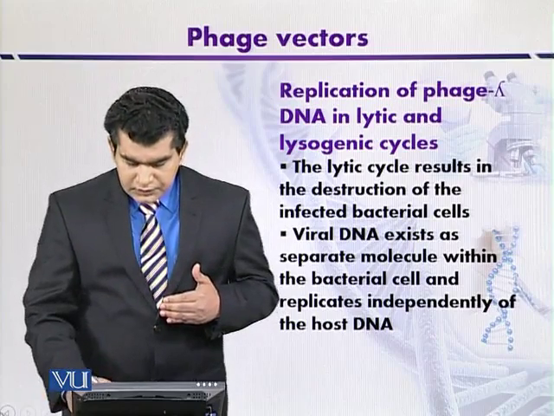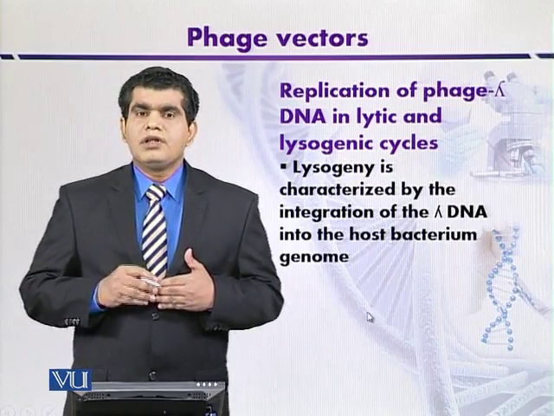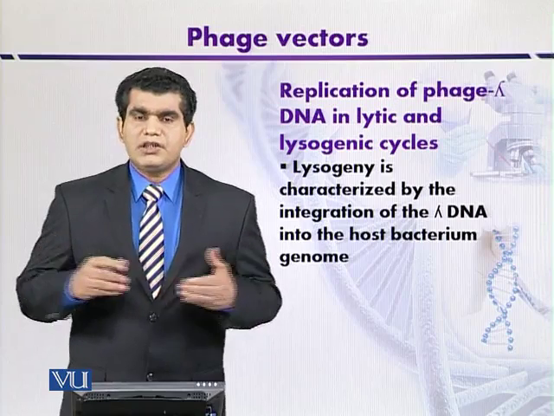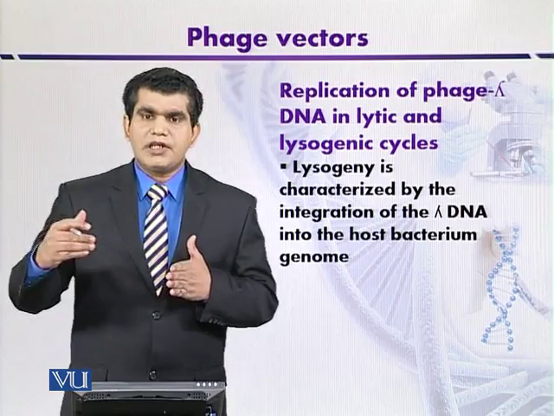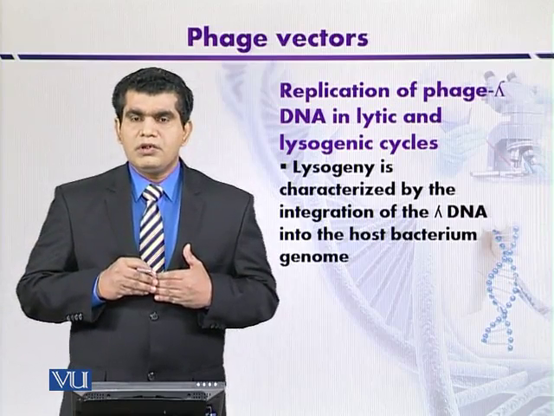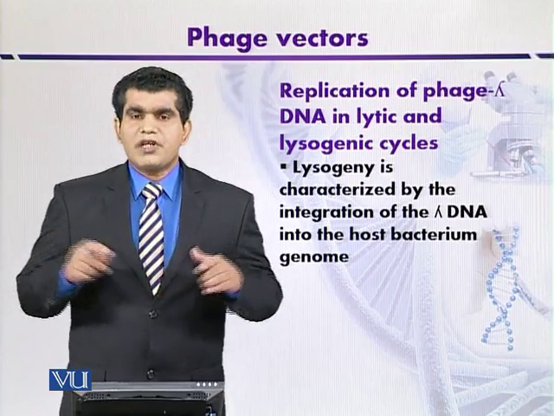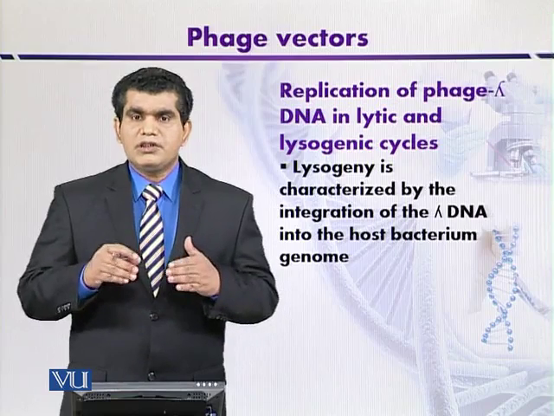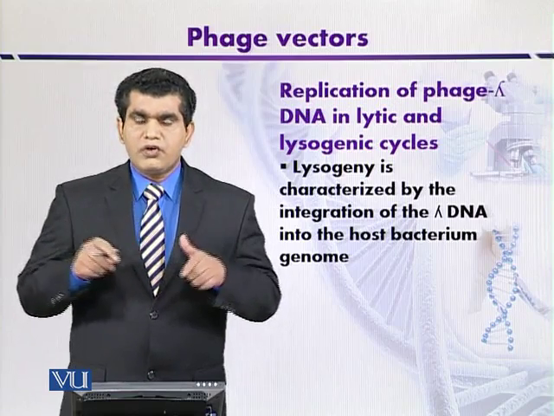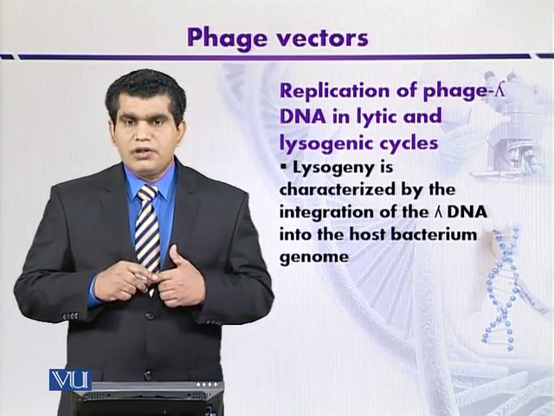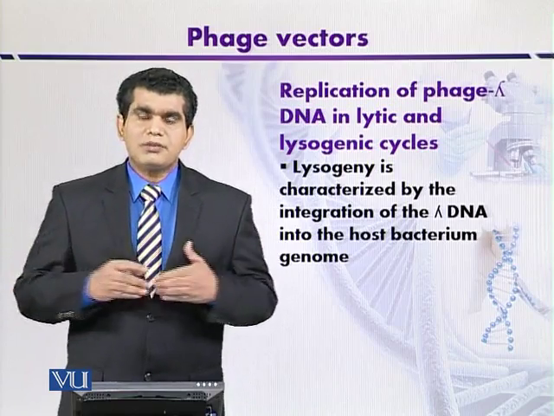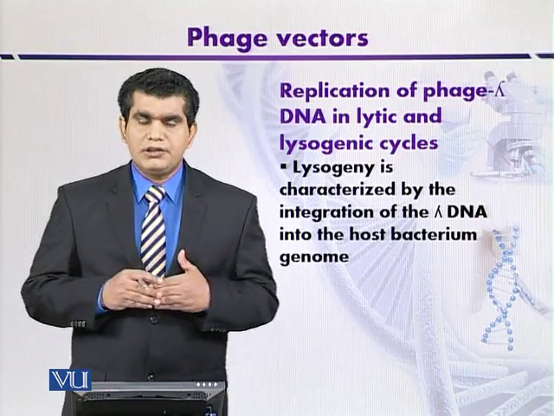Another possibility is that they are not going to cause the lysis of the host cell. Rather, after adsorption, it will inject its genome, and the linear duplex molecule is again converted into circular form by joining its cohesive site or cos site, because of complementary base pairing at the 5' end.